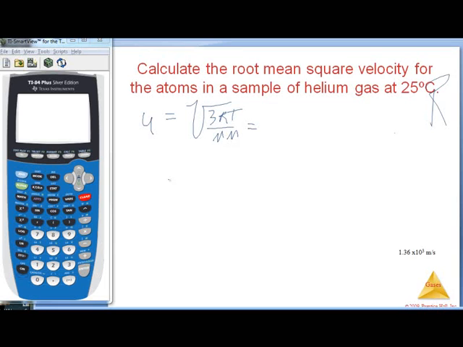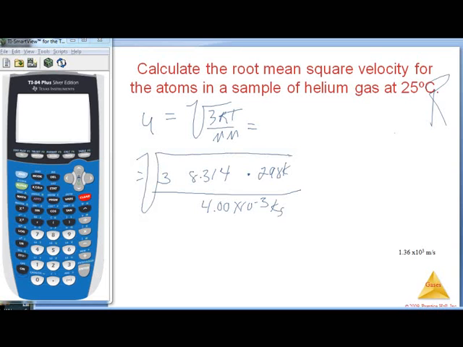And so that's going to be 3 times 8.314 times 298, since 25 C is 298 K. I'm going to divide that by the molar mass in kilograms. So the molar mass of helium is 4.00 grams, so I'm going to make it 4.00 times 10 to the minus 3 kilograms. And I need to take the square root of all that.